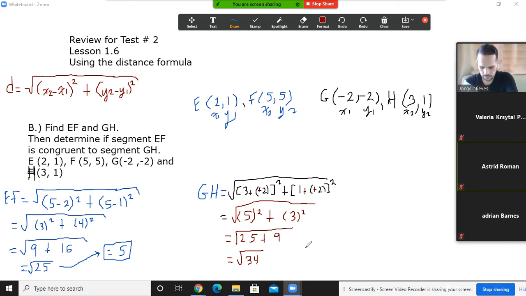So you're gonna write the following. This can happen. Okay, so you're just gonna write that segment EF is not congruent to segment GH.